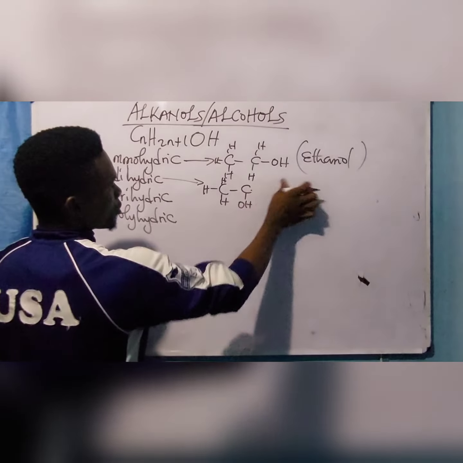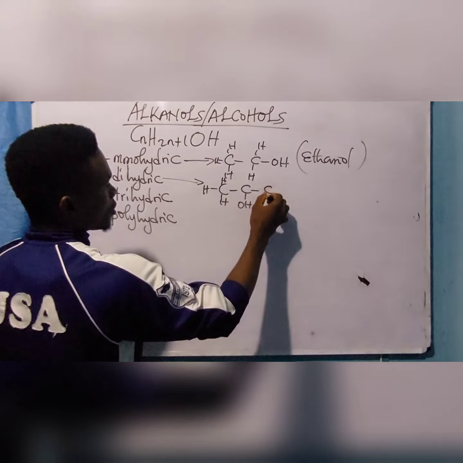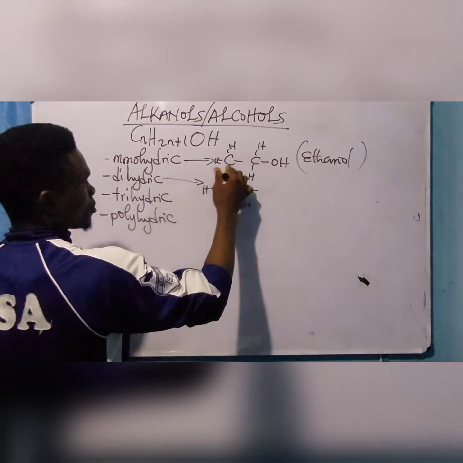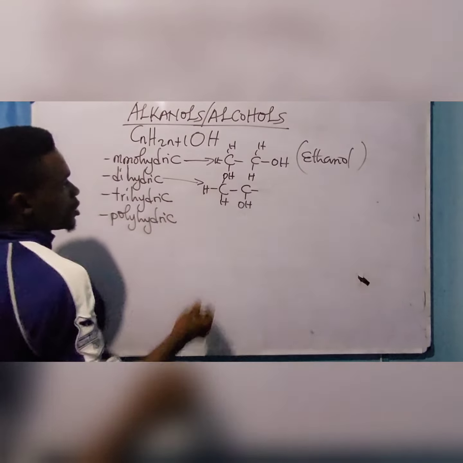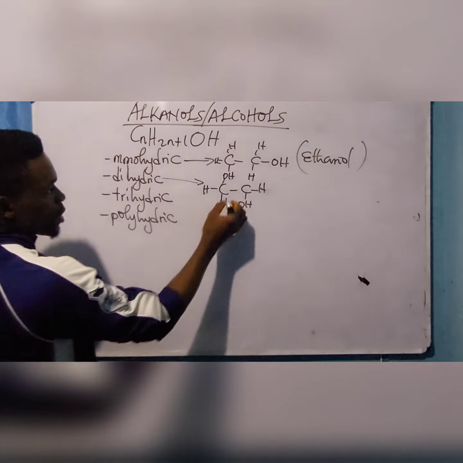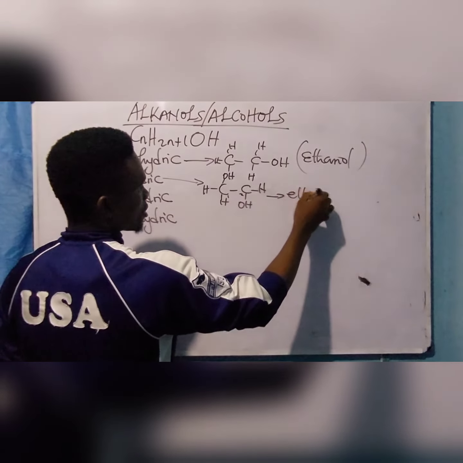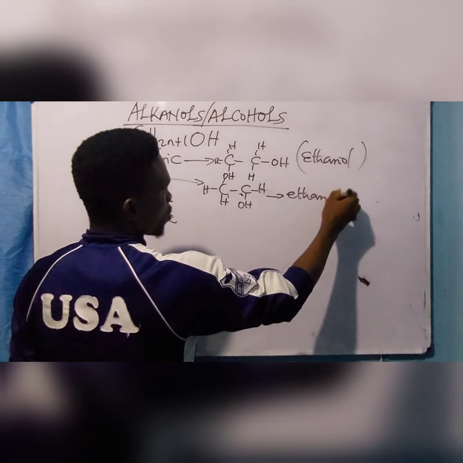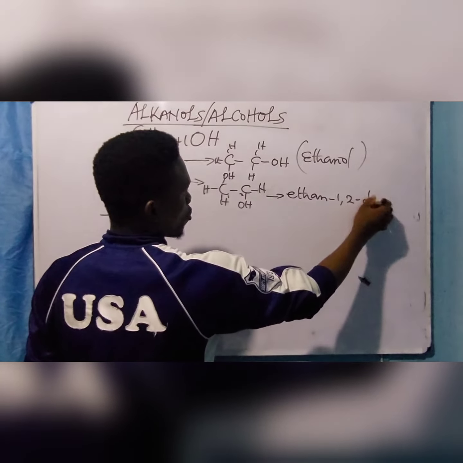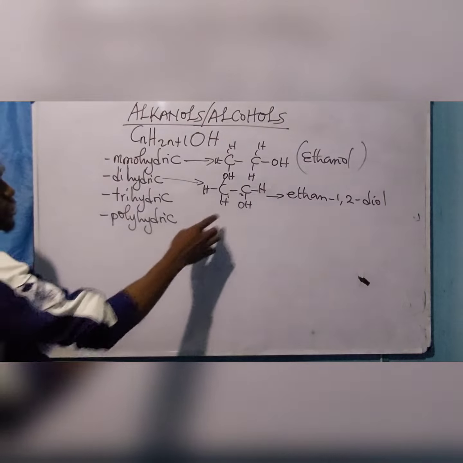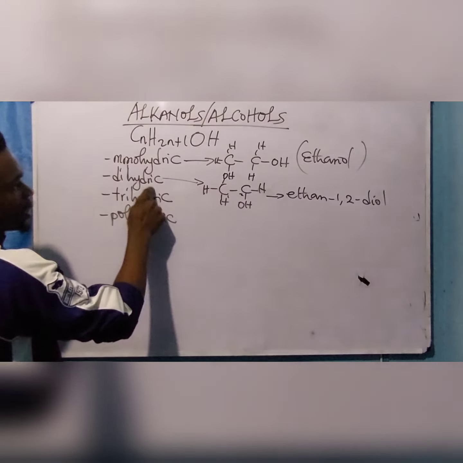Or OH. Now this is 1, 2, and this is ethane. You can say it is ethane 1, 2 diol. It is called ethane 1, 2 diol because it has two hydroxyl groups, dihydric.